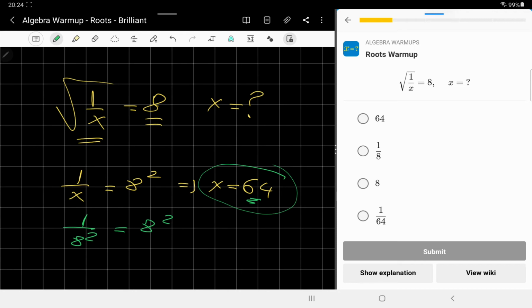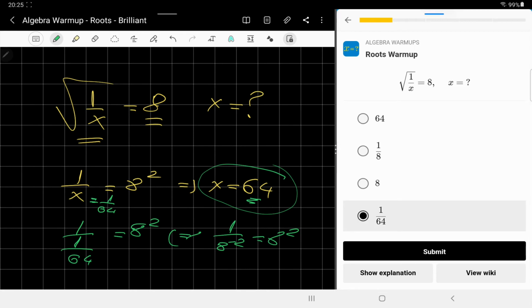If x equals 1 over 64, then what we would have here would be 1 over 64 equals 8 to the power of minus 2, and 1 over 8 to the power of minus 2 is equal to 8 to the power of 2.